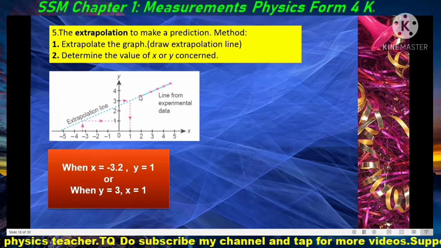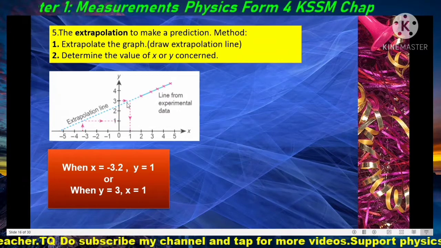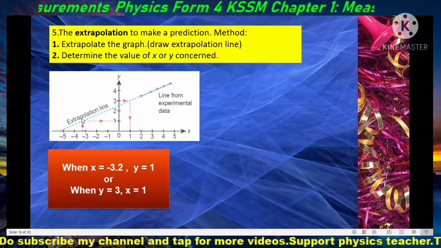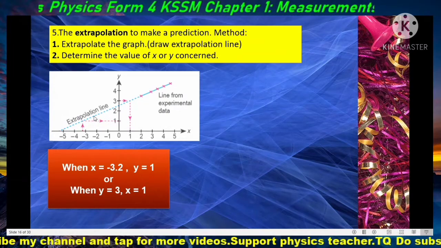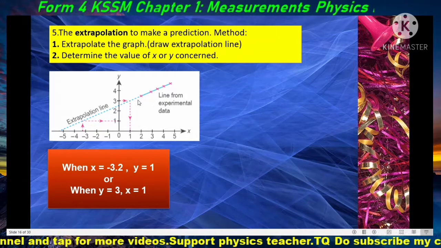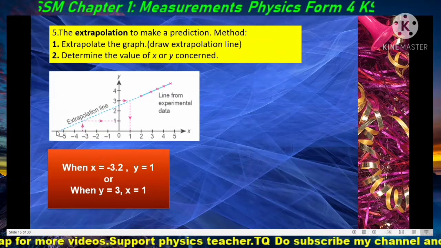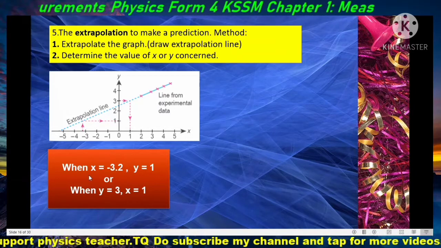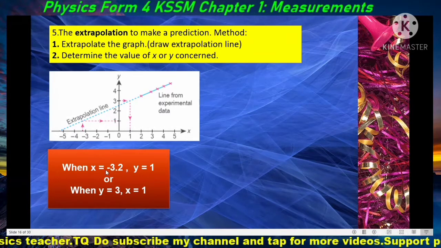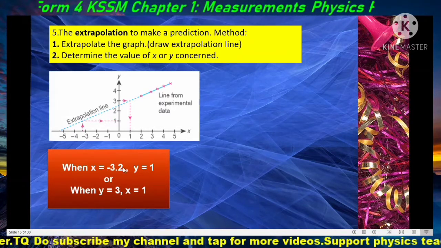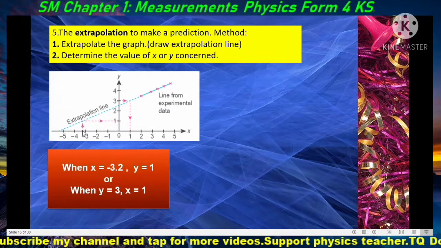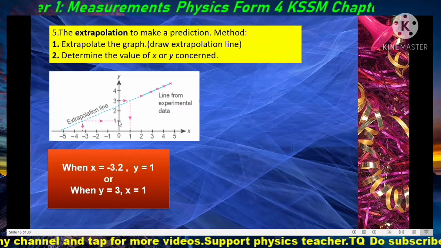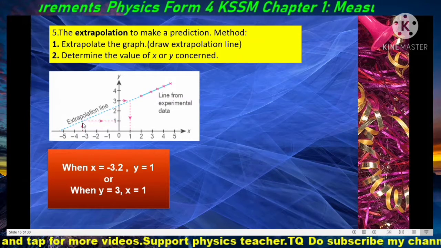So what you do, you need to draw an extra line or extrapolation line. You can see this blue broken line, so we call it extrapolation. Once you draw the extrapolation, you can get the value of y for x equals negative 3.2. And then after that you can just continue drawing this pink broken line.